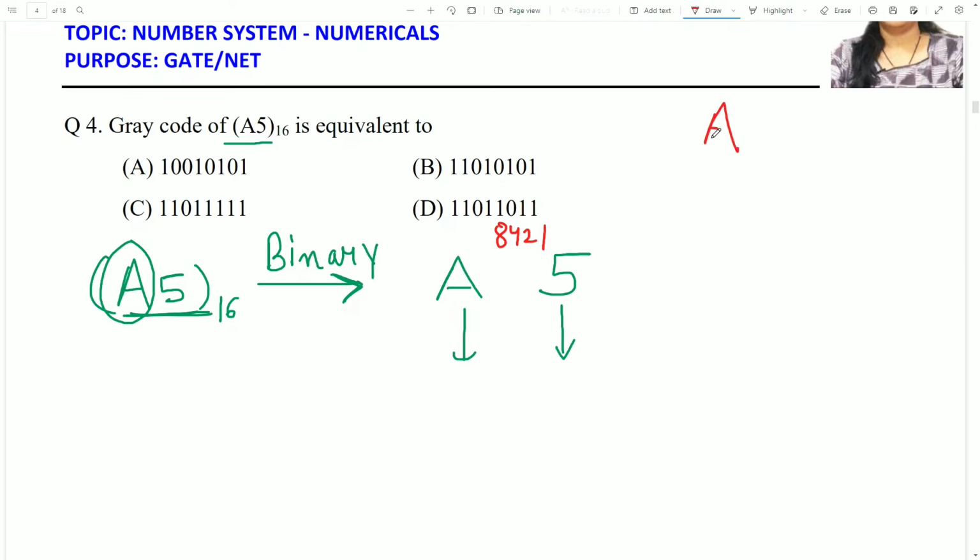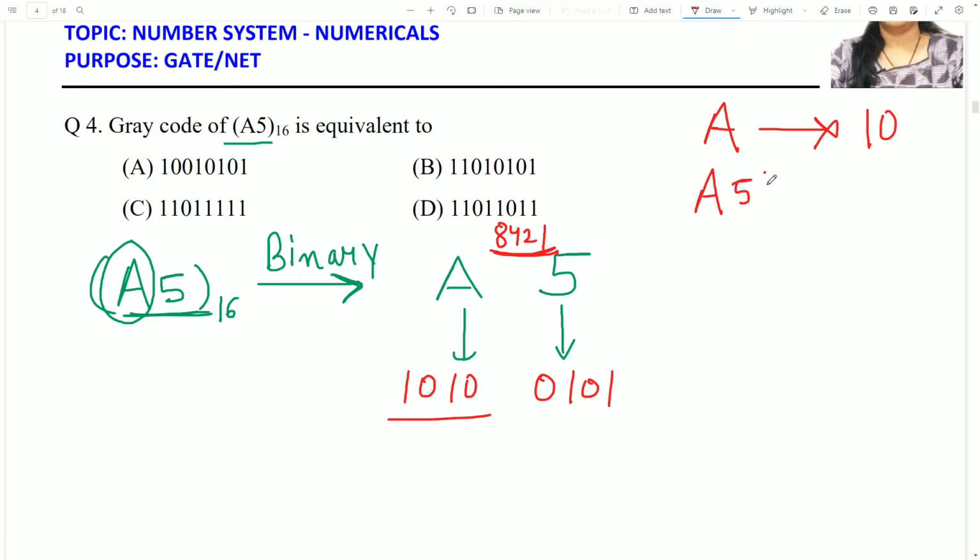You can write A in the form of 10, and by using 8421 you get 1010, which is the proper way to write A in binary representation, and for 5 you can write 0101. So for A5 the binary representation is 10100101. This is the given binary number.